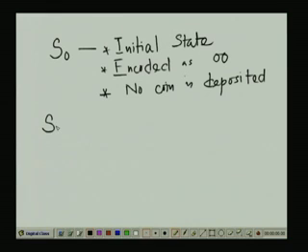Similarly, S1 is encoded as 01 and here a 1 rupee coin is deposited.